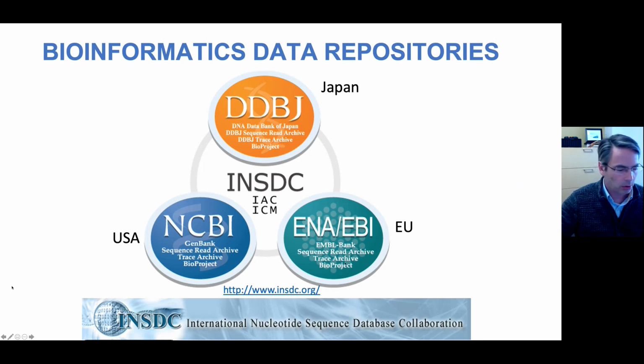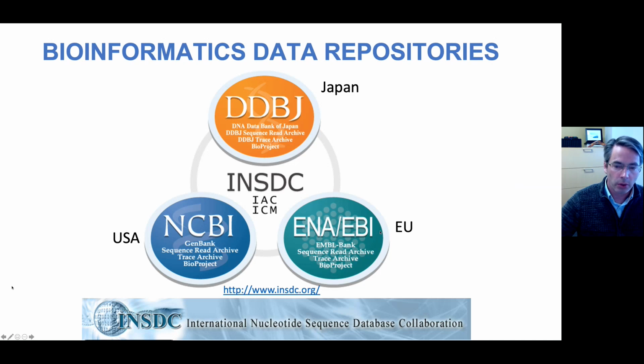EBI Ensembl website because it has some nice tools for pre-computed gene families, but over time the tools sort of become similar. So tools that develop on one, if they're getting used a lot, they'll move and be deployed on the other servers. But then each of these databases have whole big research programs and teams that are developing tools to help people analyze the data that's in the database.